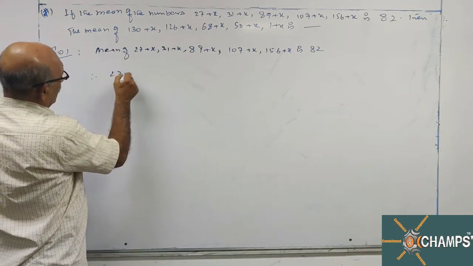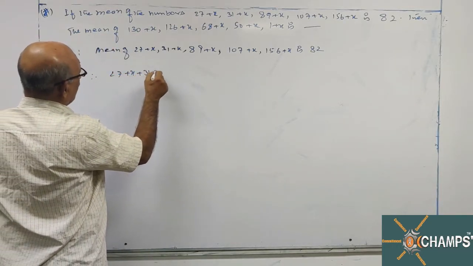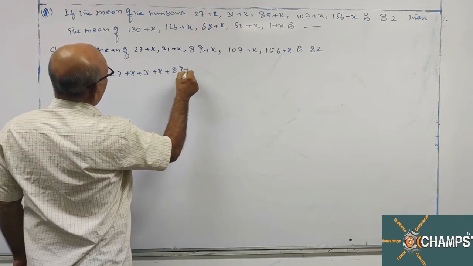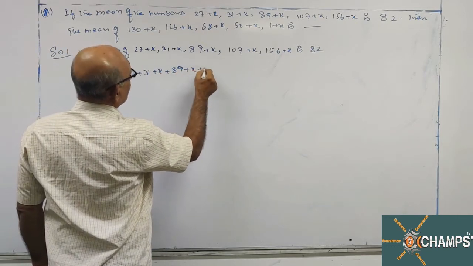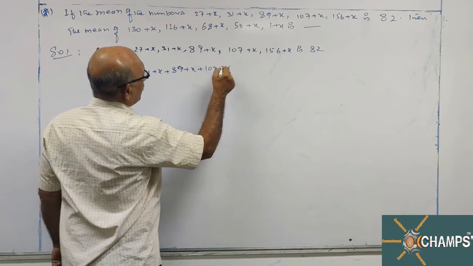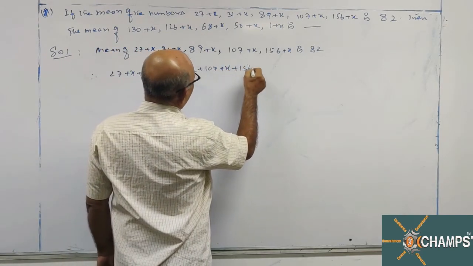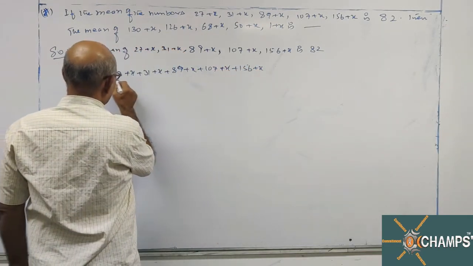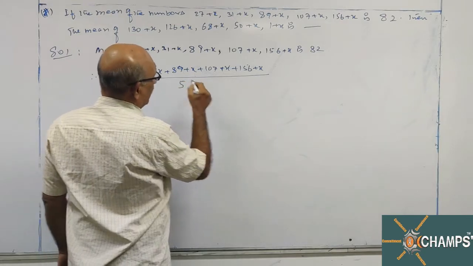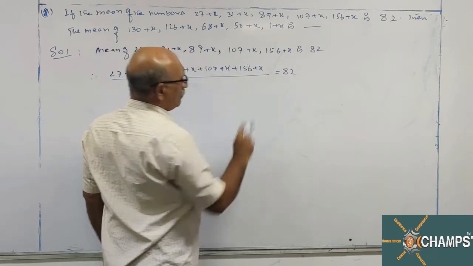Therefore 27 plus x, 31 plus x, 89 plus x, 107 plus x, 156 plus x, divided by 5 is 82.